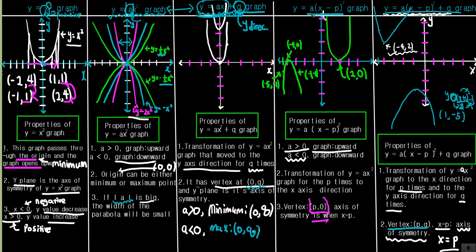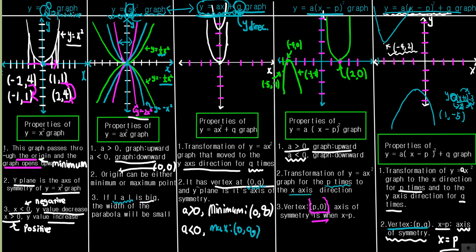And also for y equals a times (x minus p) squared graph, we need to remember that it is a transformation of the y equals a x squared graph, which we transformed by moving that quadratic function's graph by p in the x-axis direction.